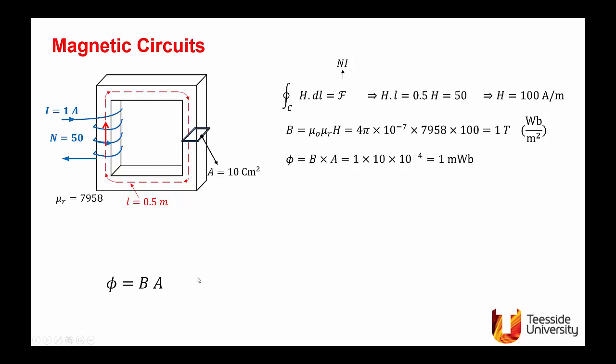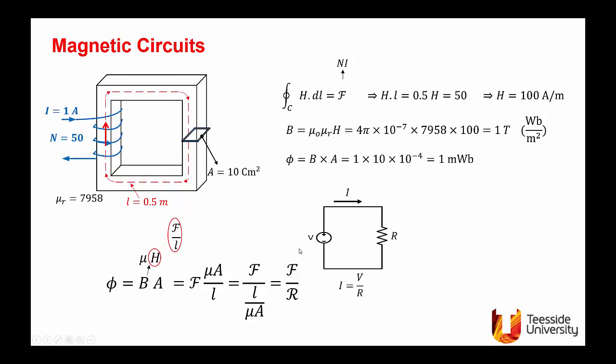So we have phi is B multiplied by A, B is mu H, H is F over L, and you end up with phi is F, the magnetomotive force, multiplied by mu A over L. Rearrange it, and we end up with the flux phi is the magnetomotive force F divided by the reluctance, where the reluctance is L over mu A.